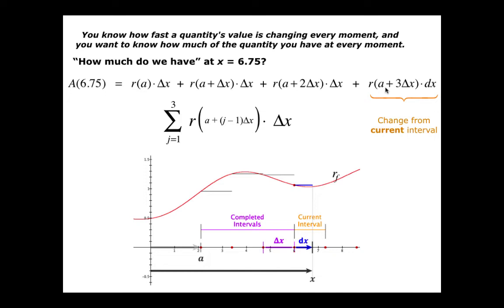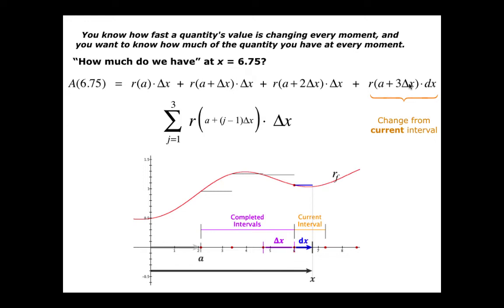If this was 3 intervals there, then this is the rate at the beginning of the 4th interval, which is a plus 3 delta x. We could still use j's, but we don't need to because we're not trying to throw it into this summation. So I'll just call it r of a plus 3 delta x, or r sub f. Again, r and r sub f are interchangeable right now because they're all just talking about the places where they're identical, those left ends of intervals.